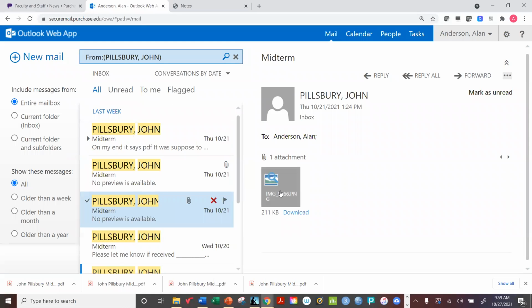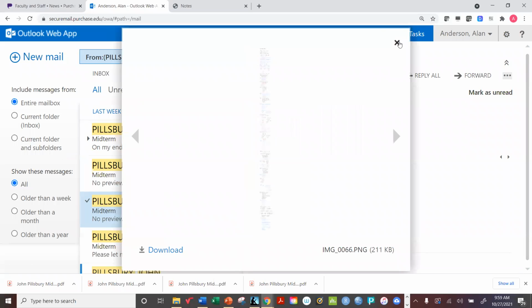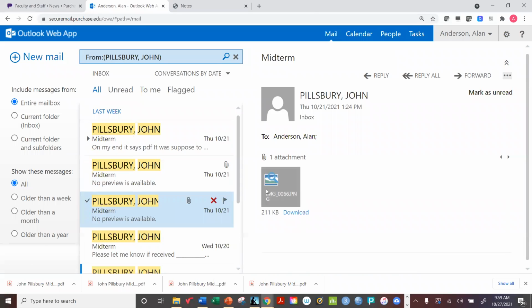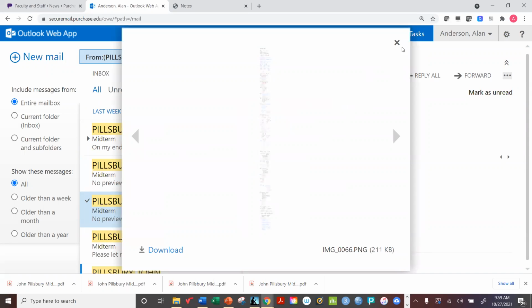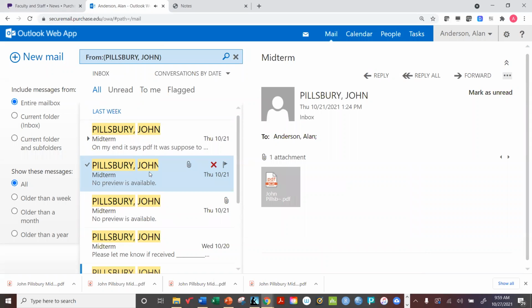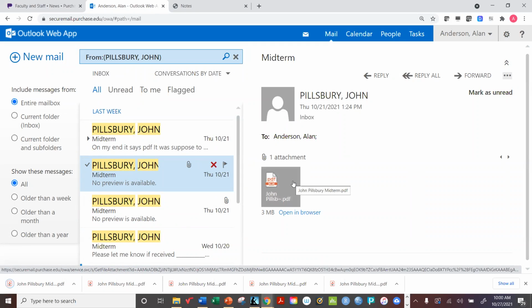Hold on. I don't understand. What are we looking at here? Is this your test or not? No. Those are the notes part. I don't understand what you mean by that.